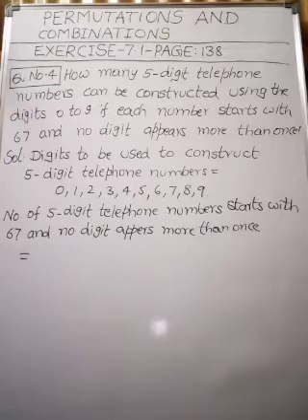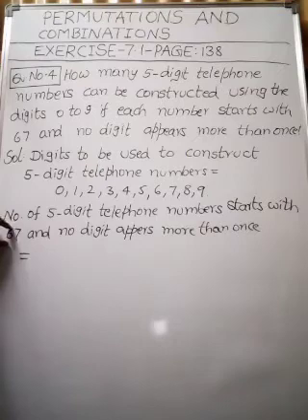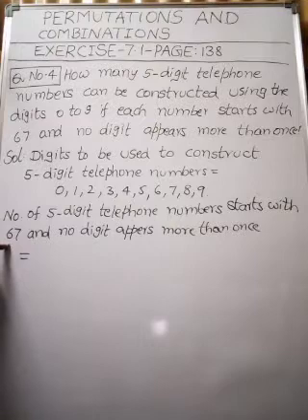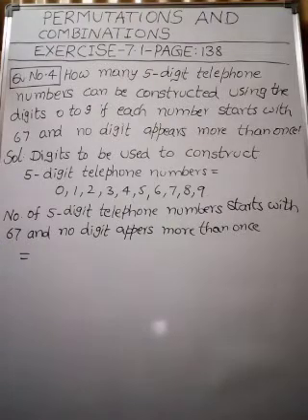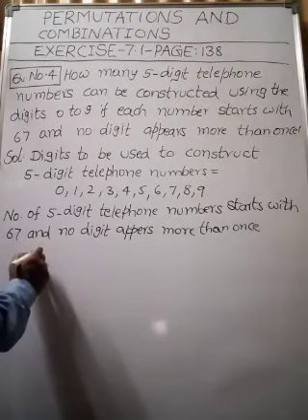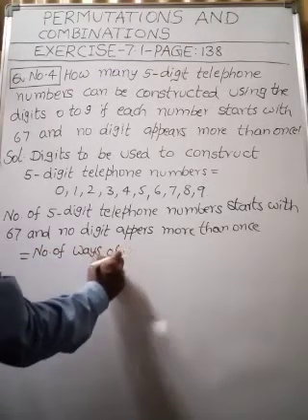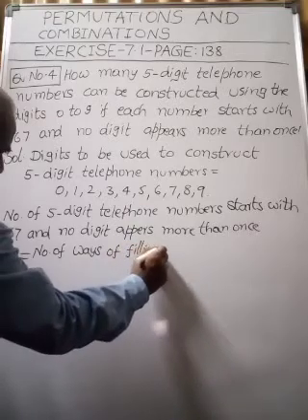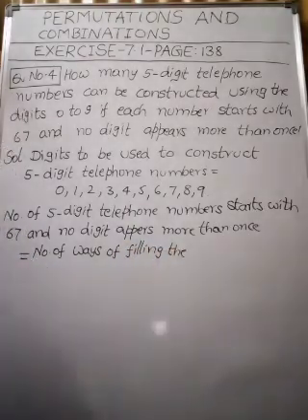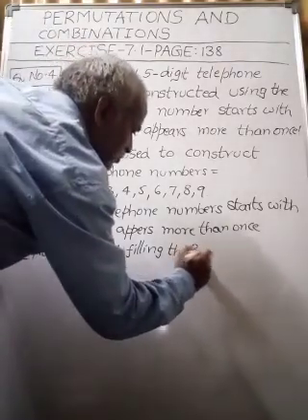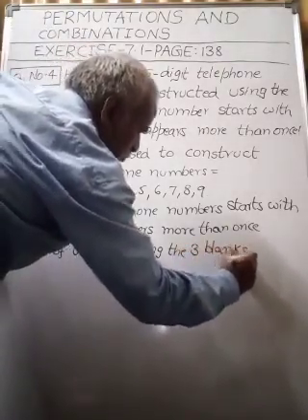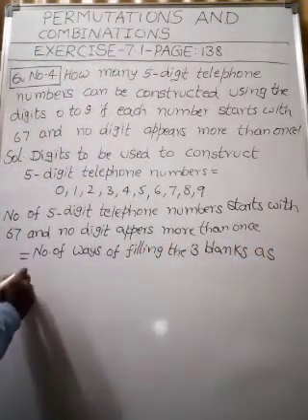Here logical thinking is very important for this chapter, my children. Already 2 digits are filled in the 5-digit telephone numbers. 2 digits are already given, fixed. 3 more numbers are required. Isn't it, my children? So the number is equal to the number of ways of filling the 3 blanks as shown below.